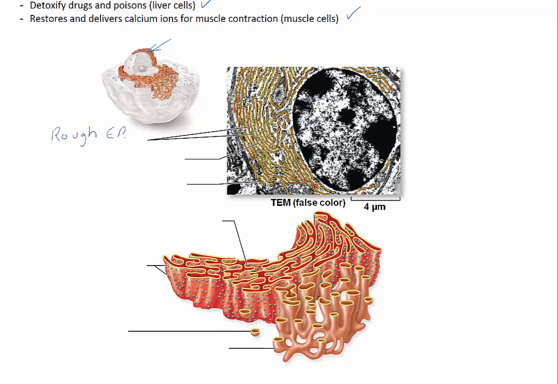And you can tell that because it's studded with ribosomes. And as I mentioned earlier, those ribosomes are producing proteins that will go into the rough ER, and those proteins are destined for transport to other cells. Now, ER that does not have ribosomes on it is called smooth ER.